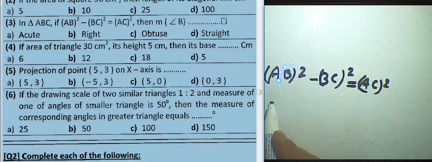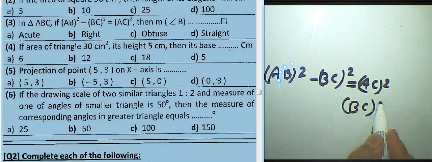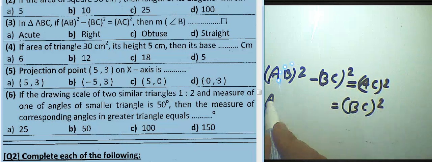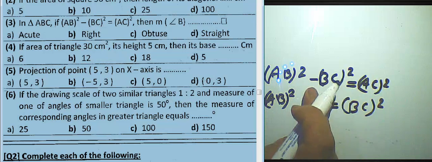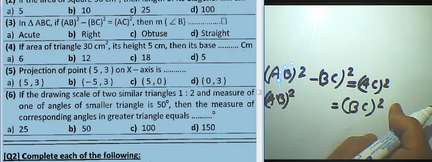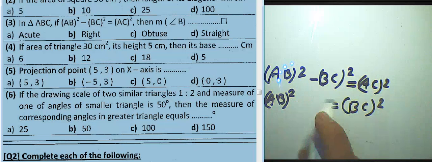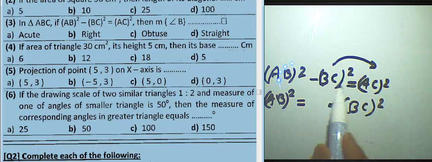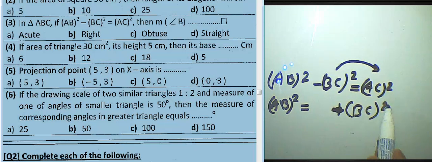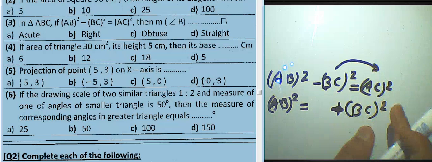Okay, then we can move BC power 2 to the right hand side, equal AB power 2. Moving BC power 2 to the right hand side, it will be plus. We can move BC power 2 from the left hand side to the right hand side and add the result to AC power 2.